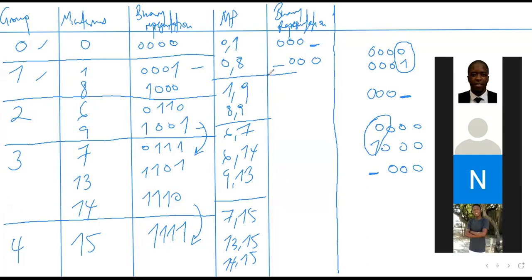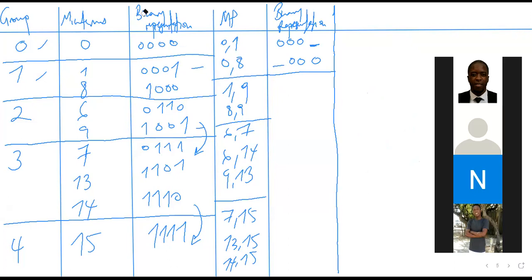All right, for 1 and 9, we continue. Those who understood what I just said, participate. What is the binary representation for 1 and 9? 0, 0, dash, 0, 0, 0, 1.